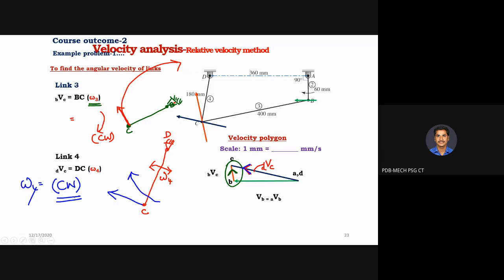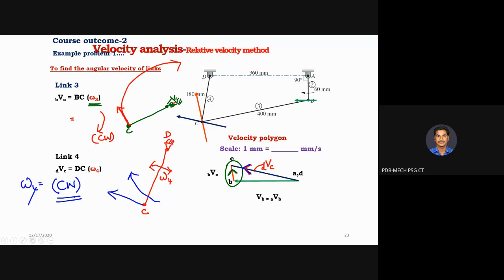You just go through the video. Today I will upload all the videos related to the velocity analysis. You go through the video, then you practice on problems, taking from the textbook or anywhere else. You refer to a problem and you proceed using roller scales. For drawing the perpendiculars and all the vectors, we used roller scales. I will send a related video. If you watch it, you will be able to appreciate how to use the roller scales for drawing the perpendicular lines for links. When drawing vectors, I said perpendiculars must be drawn to the links; how to draw them will be clearly explained in that video.